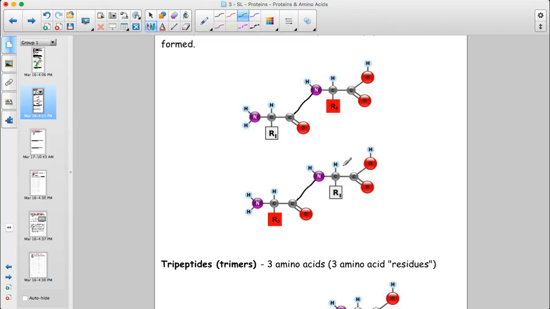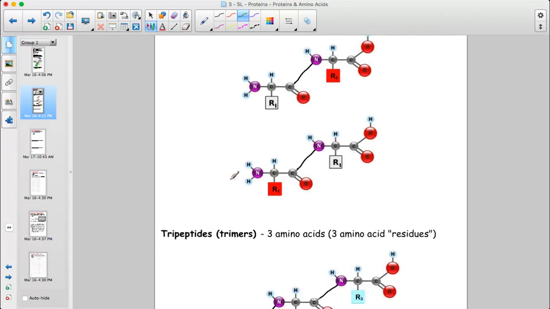So even though they're very similar, they're not exactly the same molecule that's been formed, because of which functional group remains. So this is the N terminus or the amino terminus end, and you can see that the R groups are different depending on how they get stuck together.